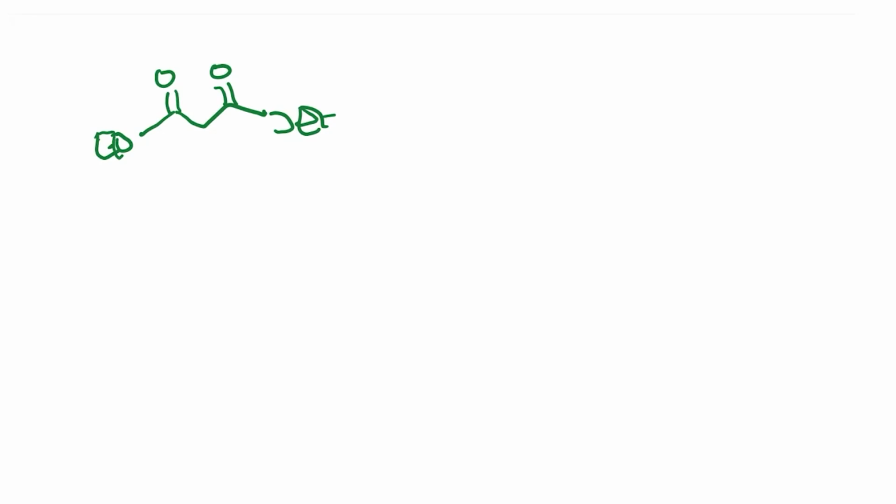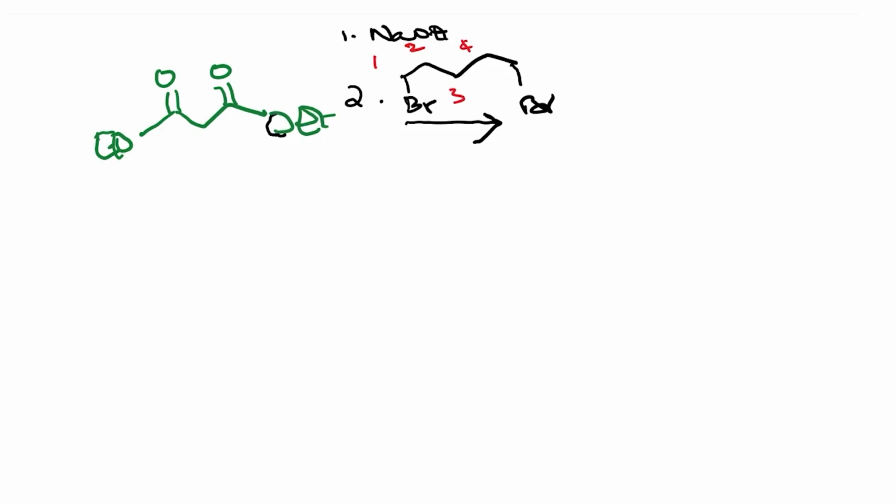So the last example that we look at is this. 1,3-dicarbonyl compounds allow you to make cyclic compounds as well, because if you react this with compounds such as this, the first step is obviously reaction with NaOET, and then you add in this dibromide, so you can end up with OET.